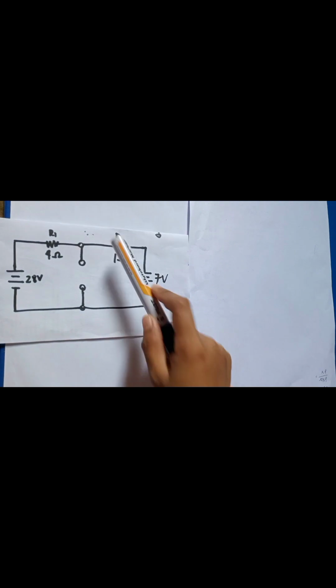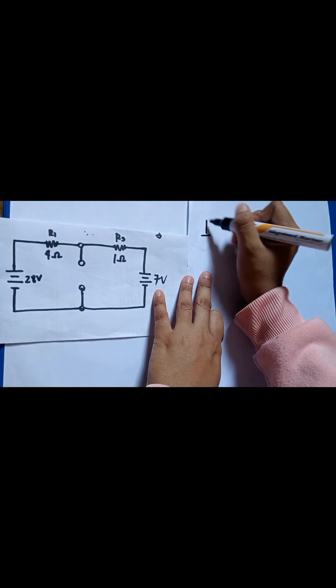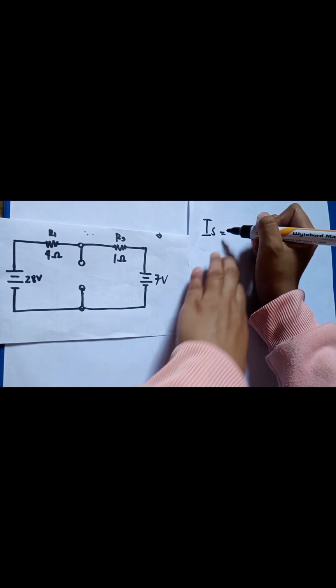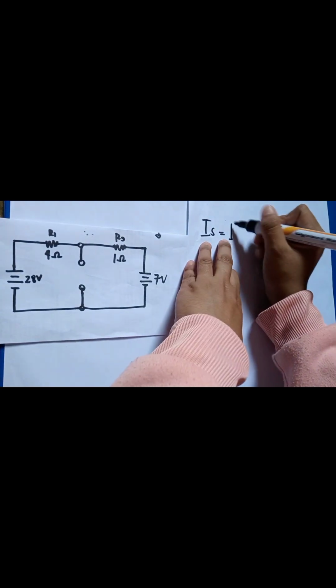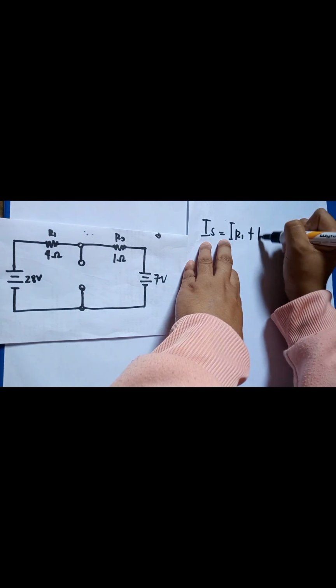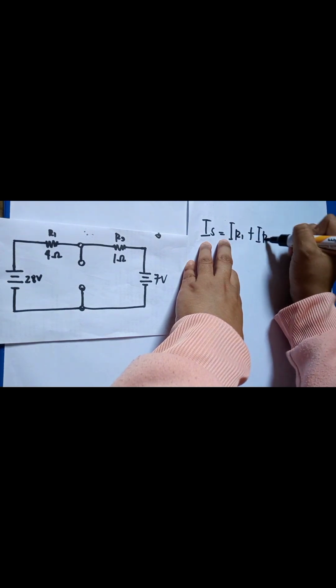Since the node between R1 and R3 is now shorted to the negative terminal of both batteries, using Kirchhoff's current law, or KCL, we know that IS is equal to I R1 plus I R2.